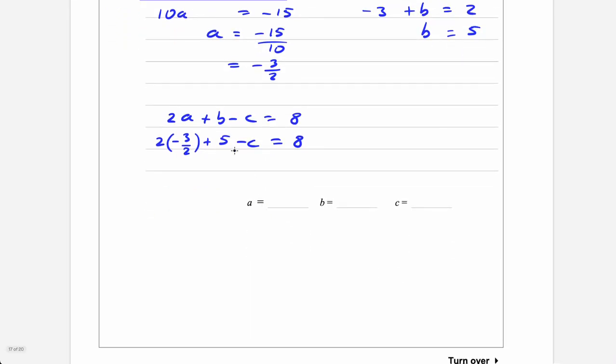Again, these cancel, minus 3 plus 5 minus c equals 8. So 2 minus c equals 8. I put the c over here, add the c, subtract the 8, minus 6. So I get a is minus 3 over 2, b is 5, and c is negative 6.